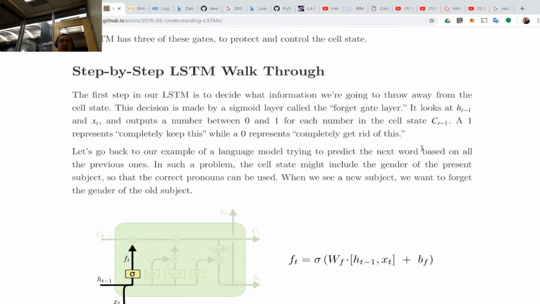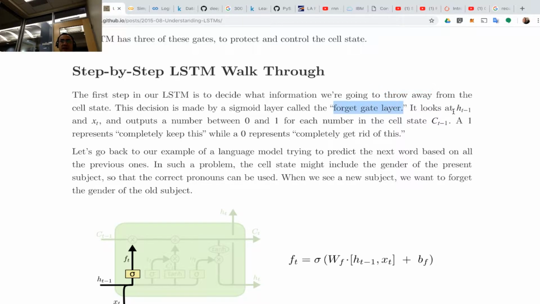Step by step LSTM walkthrough. The first step in our LSTM is to decide what information we are going to throw away. We want to forget, right? Probably from the cell state. This decision is made by a sigmoid layer called the forget gate layer.